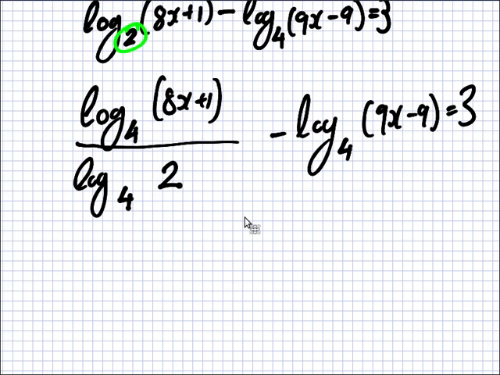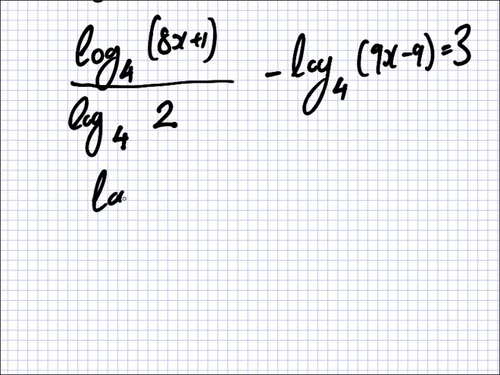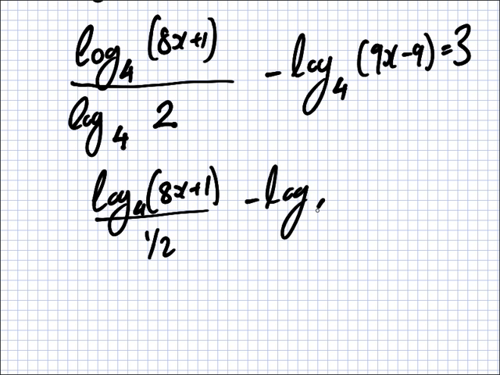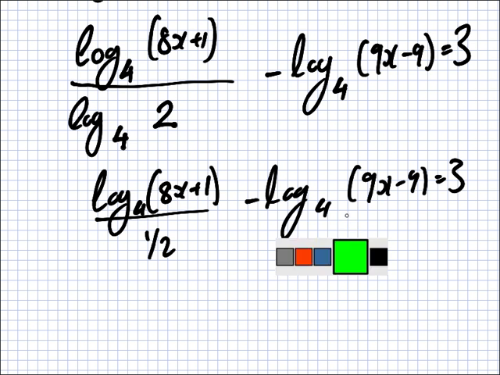So this becomes log base 4 of 8x plus 1 over a half, minus log base 4 of 9x minus 9, equals 3. Now, I don't know if anybody knows this. If you don't know it, you can type it in on the calculator. But if you have 1 over 1 over 2, what do you get? 2.